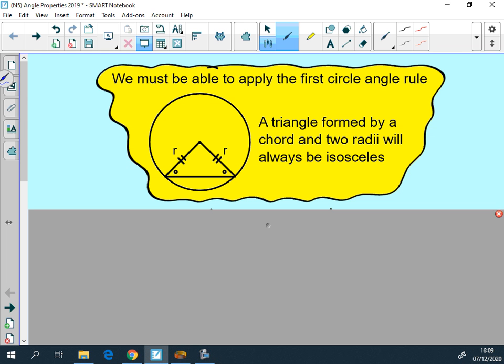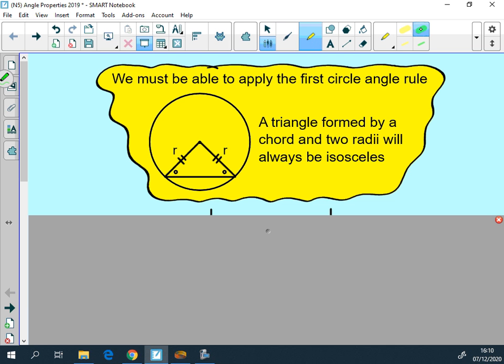So, the first thing that we need to know is that if a triangle is formed by a chord, now a chord is a line that goes from one point of a circle to another without passing through the center. If it was to pass through the center, then that would be a diameter.